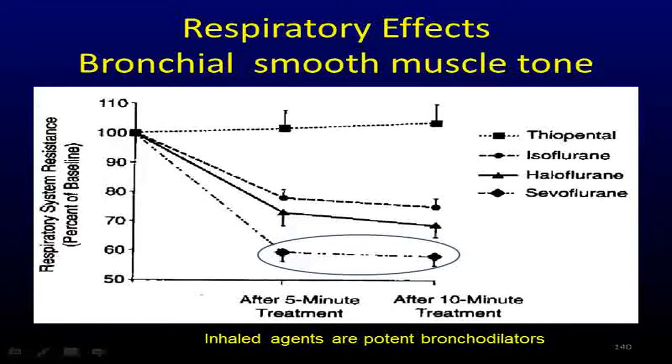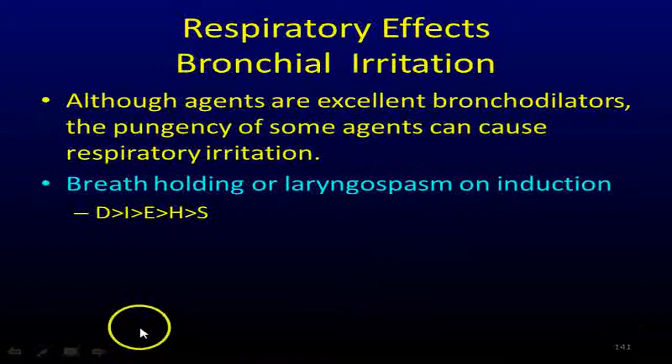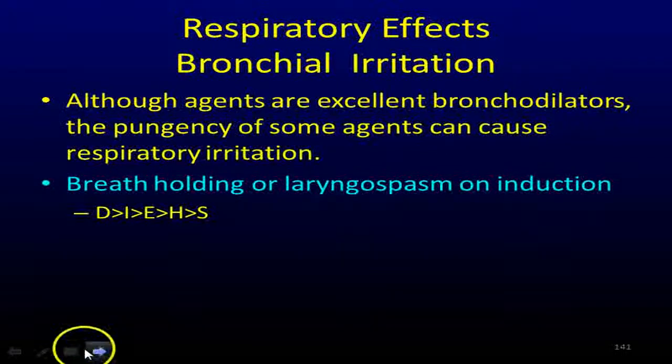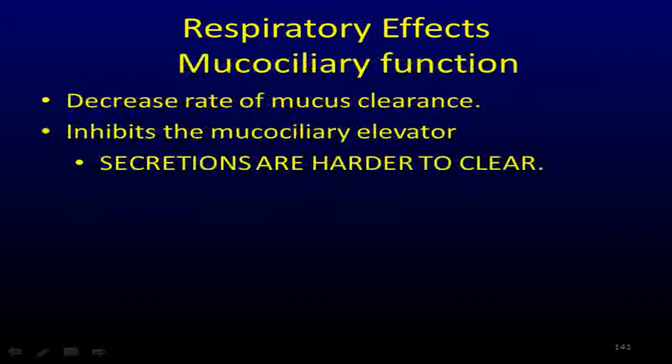When you begin to breathe it, you start coughing and sputtering because you are irritated. So if I ask which inhalational agent you would most likely hold your breath on, you would say desflurane.